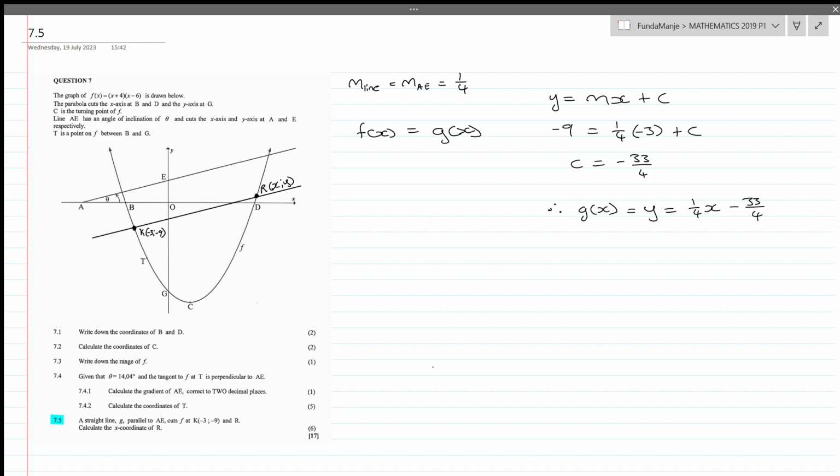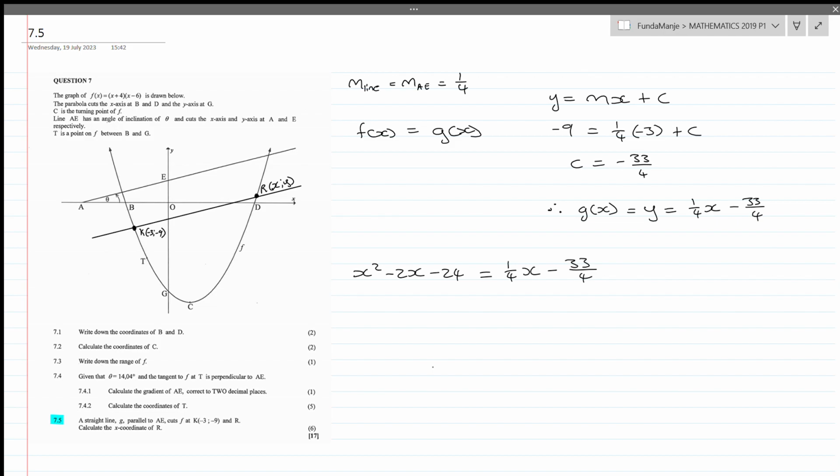F was x squared minus 2x minus 24. That will now be equal to 1/4x minus 33/4. Now we need to solve this algebraically, and the first step is to get rid of the fractions.